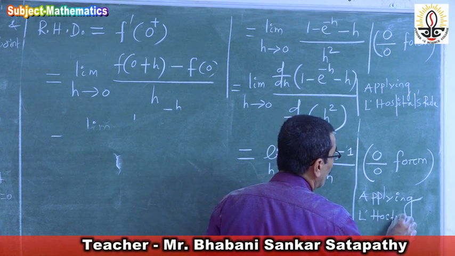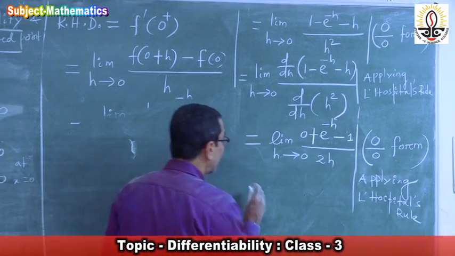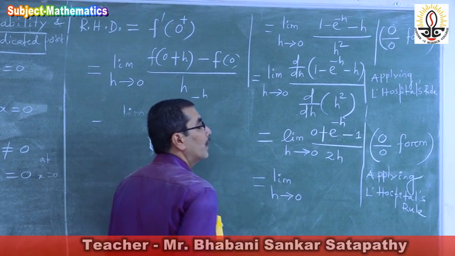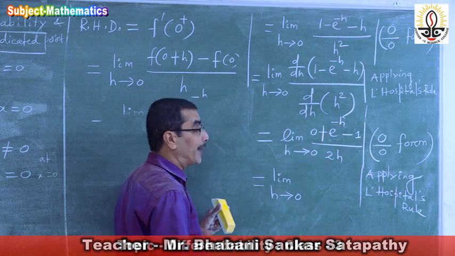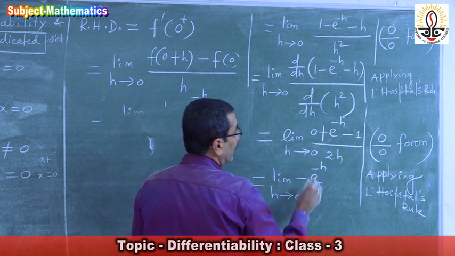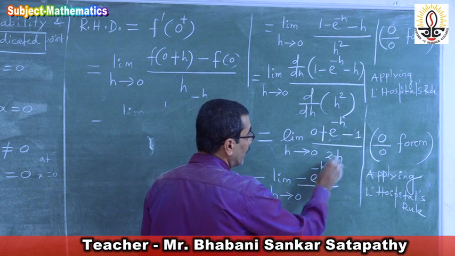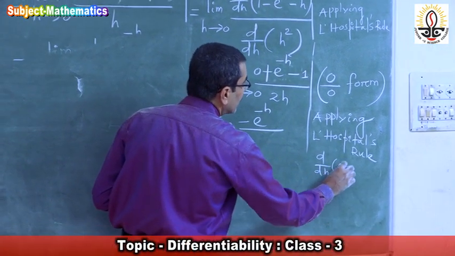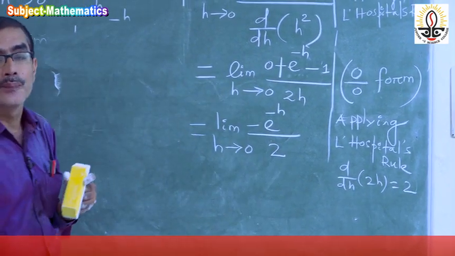Applying L'Hopital's rule, you will get limit h approaches 0. The derivative of e to the power minus h is minus e to the power minus h. Then minus 1, derivative 0. The derivative of 2h is 2, so we write 2 here.